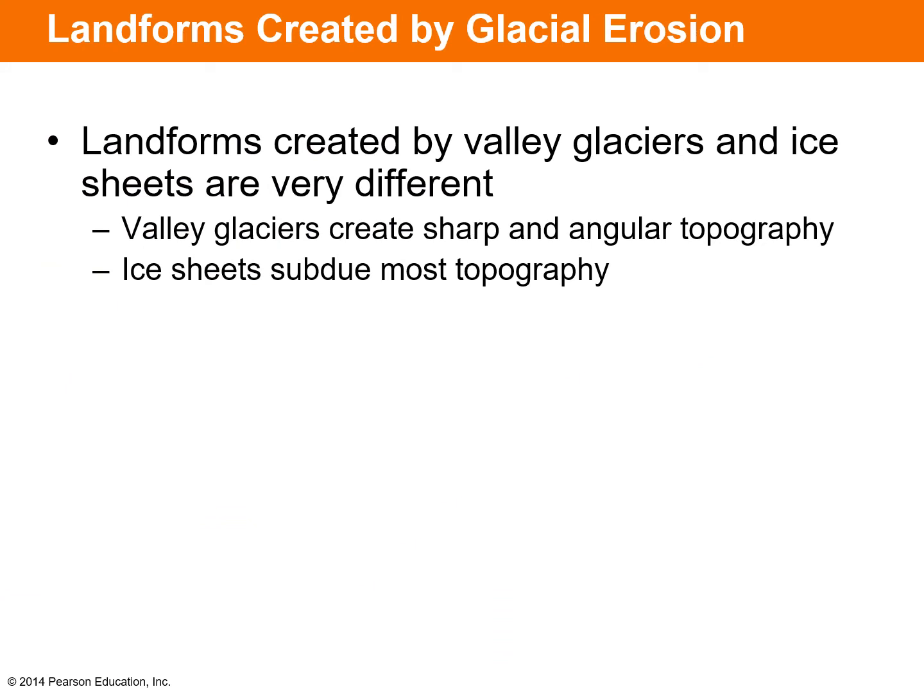I mentioned this earlier in the lecture, but it's important to note when you're analyzing landforms and you see evidence of previous glacial activity, that landforms created by valley or alpine glaciers and ice sheets are very different. Alpine glaciers create sharp and angular topography, versus ice sheets subdue most topography.